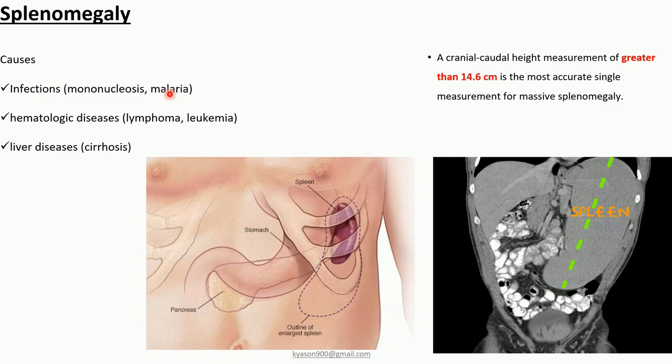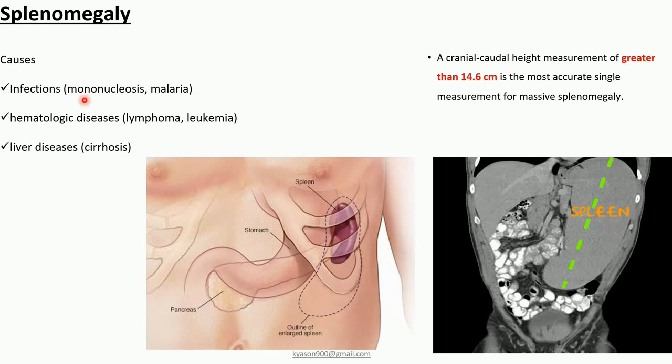Some kids with malaria can present with an enlarged spleen, because we know that the pathogen that causes malaria, the Plasmodium falciparum, can easily injure the red blood cells, and then once they are deformed, they can easily block the blood vessels, thus resulting into trapping of blood in the spleen. So that's why some of those kids can have splenomegaly.